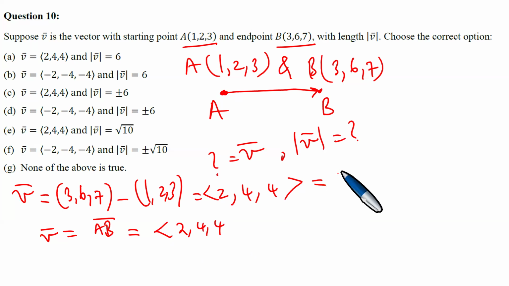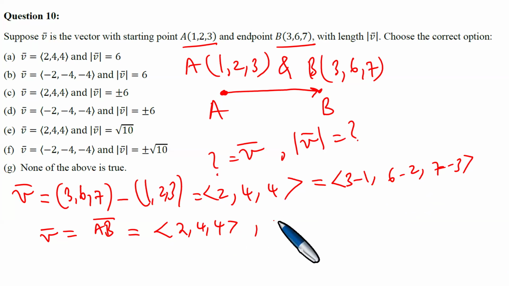These can also be seen as a vector with the components 3 minus 1, 6 minus 2, and 7 minus 3. That gives 2, 4, and 4. Then the next question is, what is the length of this vector?